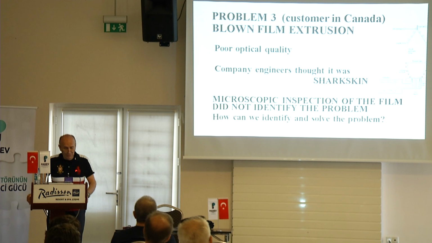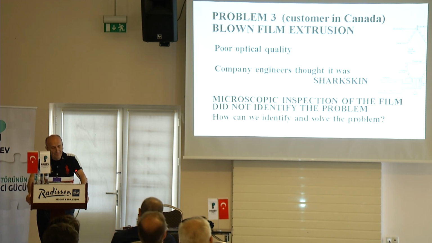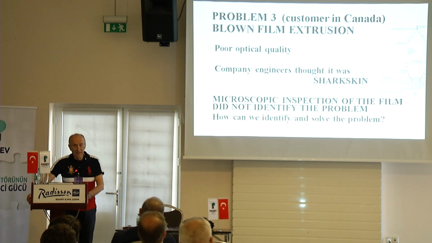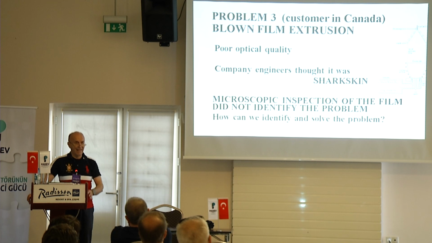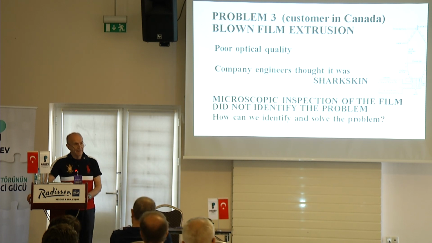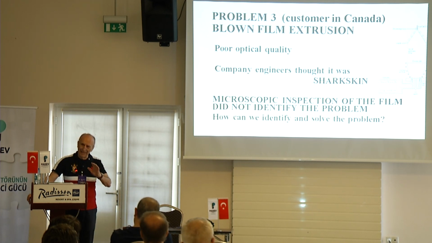Another problem, a different one, it's blown film. It was a customer not very far from where I live in Canada, and he had a problem with shark skin. Well, the surface of the extrudate wasn't very clear.